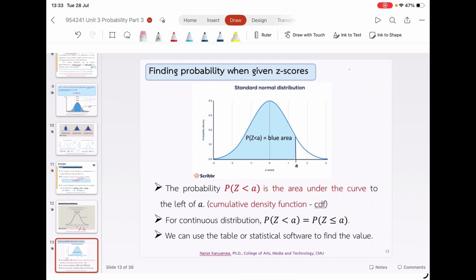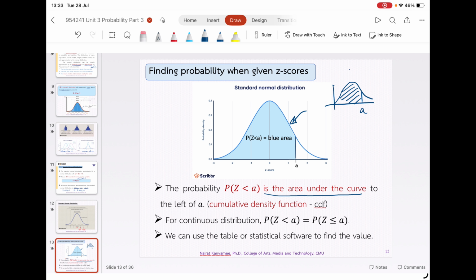To find the probability of Z less than A, it is to find the probability of the blue area here. P of Z less than A is the area under the curve to the left of A. So just like this curve here, A is here, and to find the probability of Z less than A, it is this shaded area.